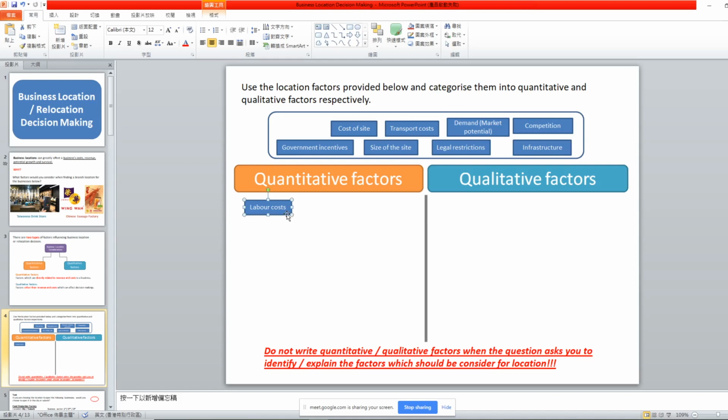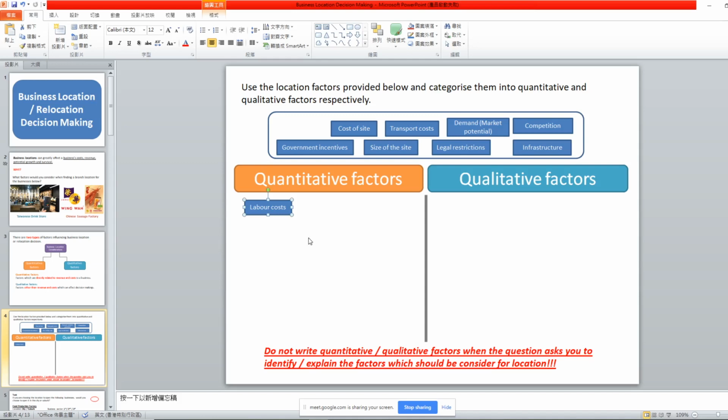So labor costs. Right now, once again, when you are thinking about the factors, you have to think about it on a greater scale. So let's say you need to think about it in China. Talk about domestic production, when we are trying to make a decision where we should set up, let's say, a factory for iPhone.